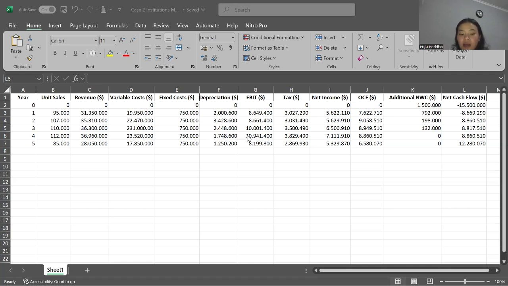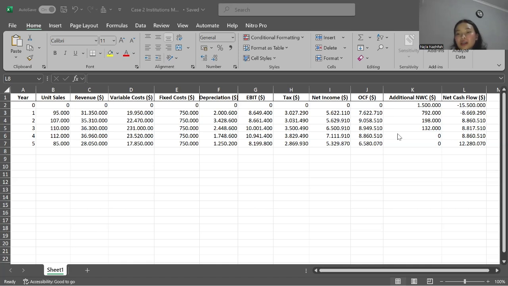And EBIT, we got $10,941,400. Next is tax, $3,829,490. Net income is $7,111,910. And operating cash flow we got from net income plus depreciation, $8,860,510.